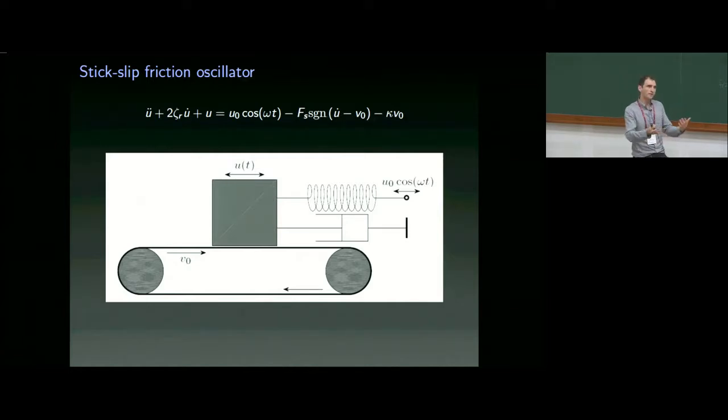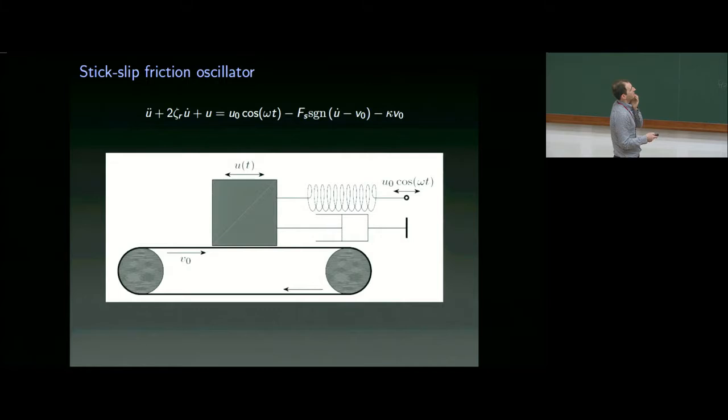So one way of trying to get an idea as to why stick-slip friction is causing complicated dynamics is to write down the simplest possible system that has stick-slip friction and complicated dynamics. And the idea is if we can understand this kind of system in detail, then hopefully we can learn something about our engineering problems that we actually care about.